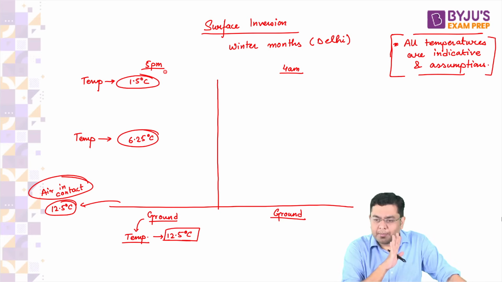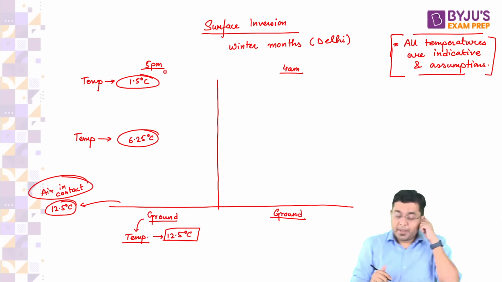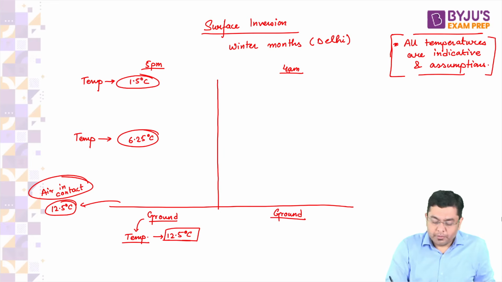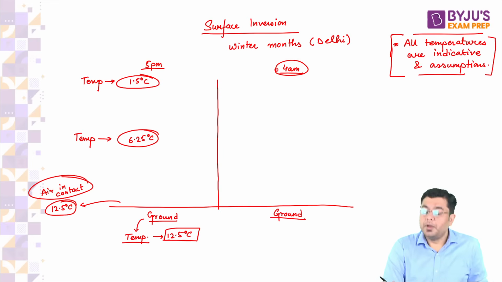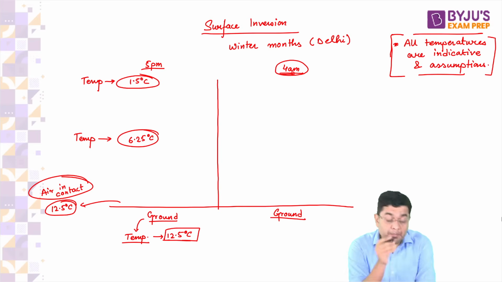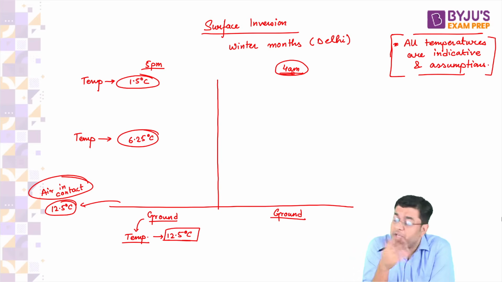Okay? Is that perfect? Now, when we talk about 4 a.m., 4 a.m. means after 5 p.m., generally the sun will set. As the sun sets, there is no gain of heat. There is a consistent loss of heat which is experienced.